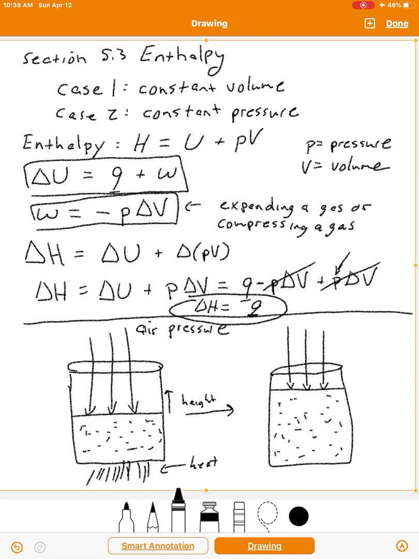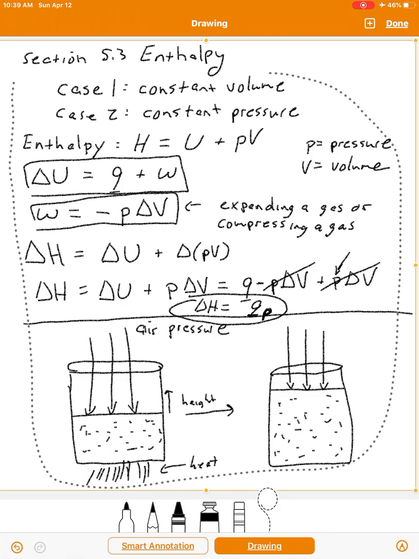In the case of constant pressure, so I'll put a little P down here, the change in enthalpy is simply the amount of heat that we're adding. Okay? So now, case 1, constant volume, case 2, constant pressure, we have two results that are relatively simple.